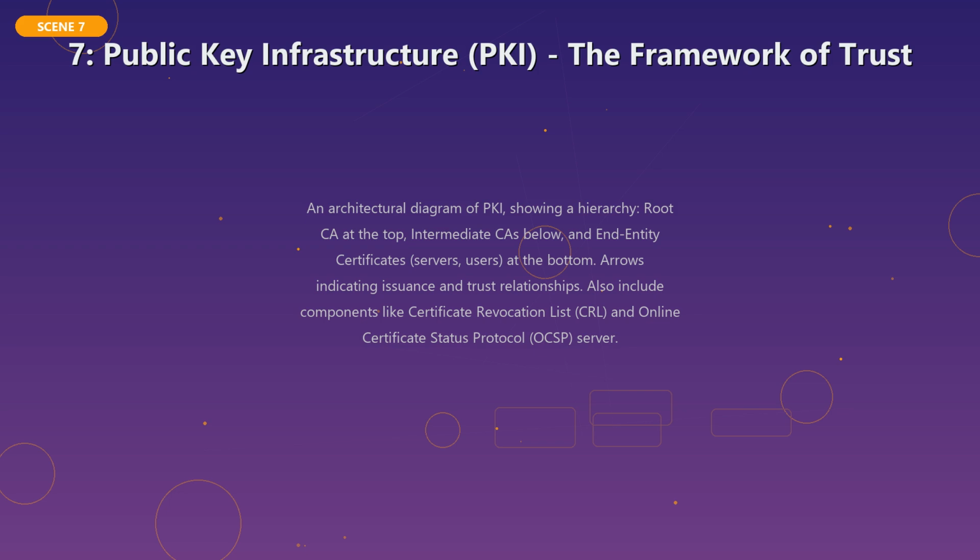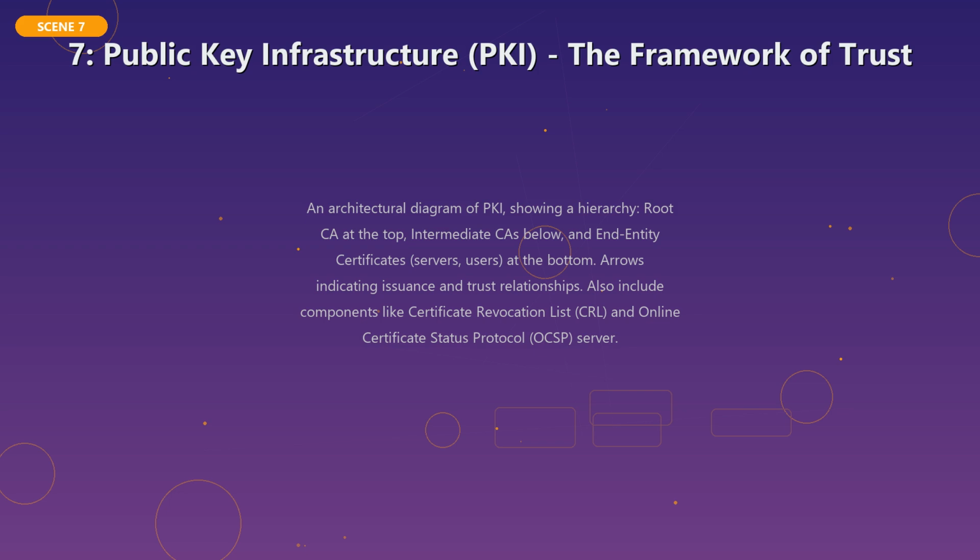The beauty of PKI lies in its hierarchy of trust. At the very top, you have a small number of highly trusted root certificate authorities. These root CAs issue certificates to intermediate CAs, which then issue certificates to end entities like web servers, email servers, or individual users.